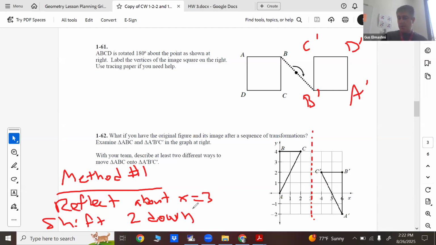Another way, perhaps, I'm trying to think. I mean, you could shift it down first and reflect it, but that's not really a different way. Would a rotation make sense? I don't know.